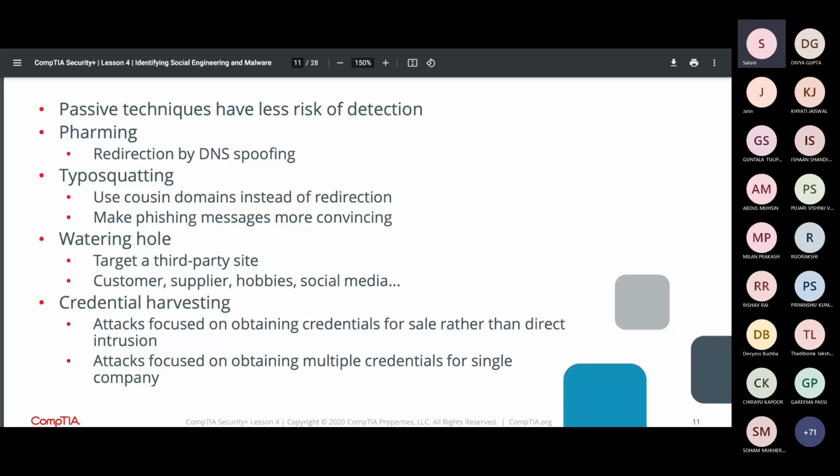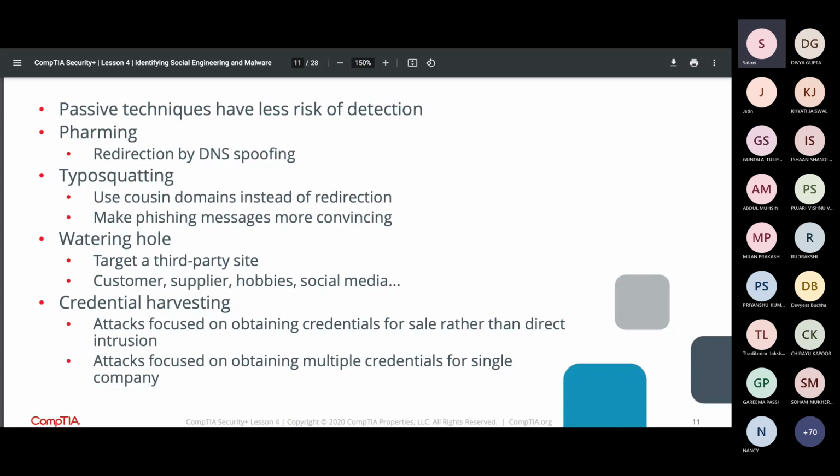Now this works by hoping that the user will not notice the difference. These are also referred to as cousin domains, look-alike domains. So typosquatting might be used for pharming and phishing attacks.